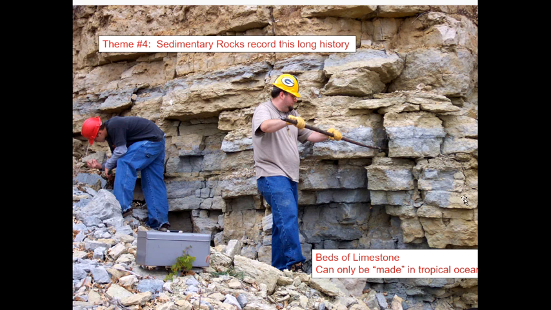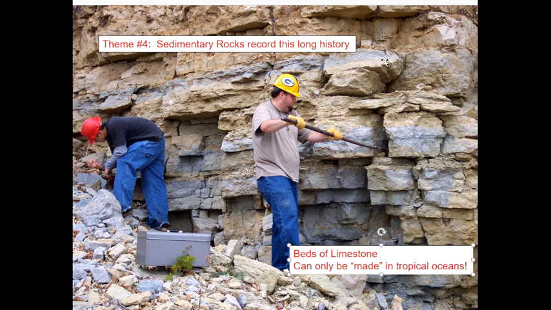And one of the things that we can see is that these beds of limestone are very prominent here, and limestone itself is a rock such that given its chemical formula, it can only be made in tropical oceans. So this verifies the other evidence that I showed earlier, that we were a tropical paradise under the ocean water in this warm Florida Keys type environment.